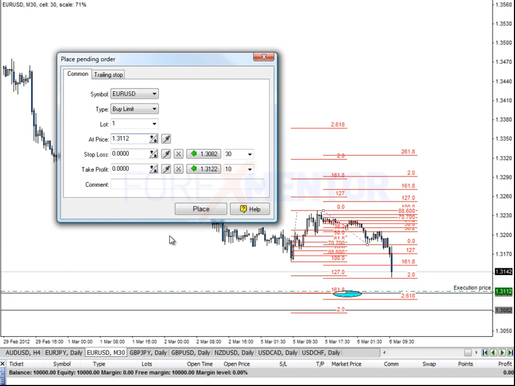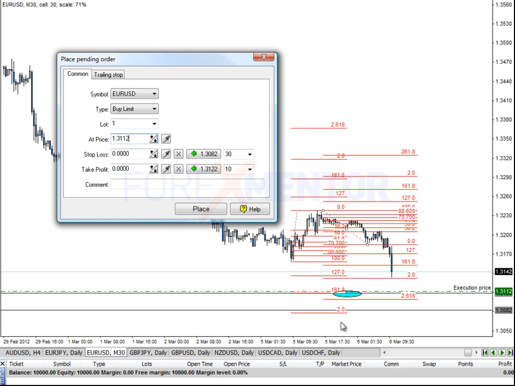So 1 pip spread plus a couple more, because you want to place your order a few pips above the level in case you get some buy orders coming in. If you're looking for very specific fib numbers or levels, you may just see the trade stall short of a fib level and move in the direction that you wanted.